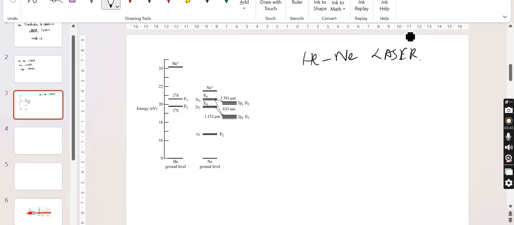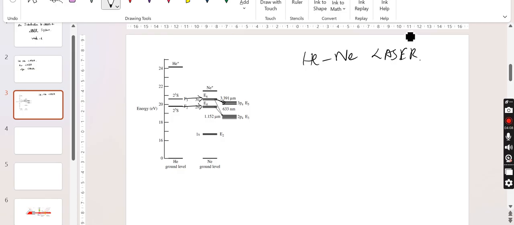Then between these two states, energy transfers from helium atoms to neon atoms, and photons get emitted from E6 or 3s2.